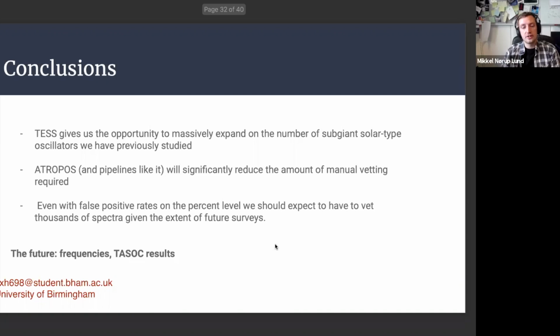So have you considered doing a simulation study in terms of the usability for Plato? Yeah, so we have run on simulations for Plato, I believe, and we did Kepler as well. Essentially, we ended up with very, very high false positive rates because we were comparing envelopes that were constructed using the same scaling relations that we take our H1 posteriors from. But I don't believe we've tested it in the sense of measuring nu max and delta nu, so that could be a shout.